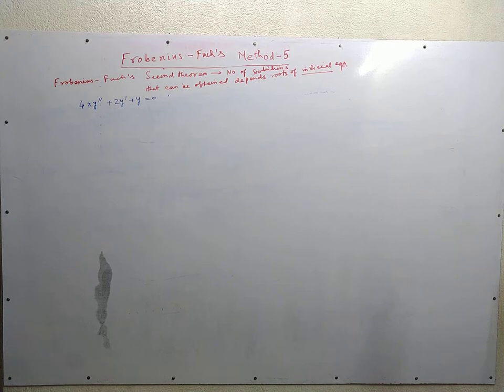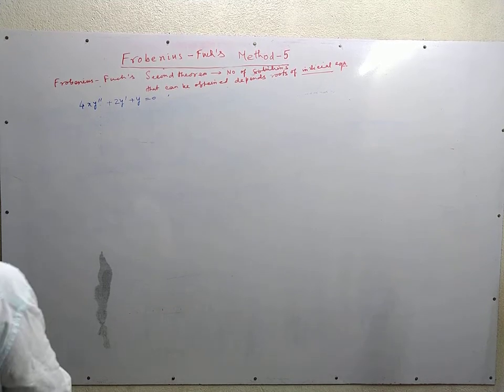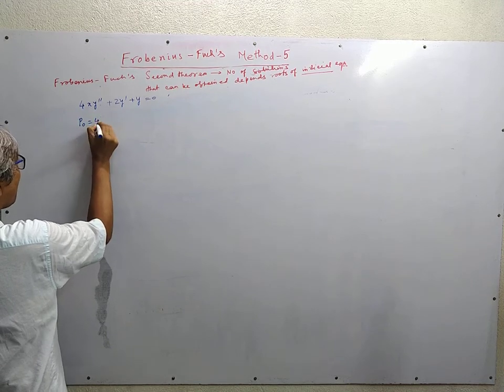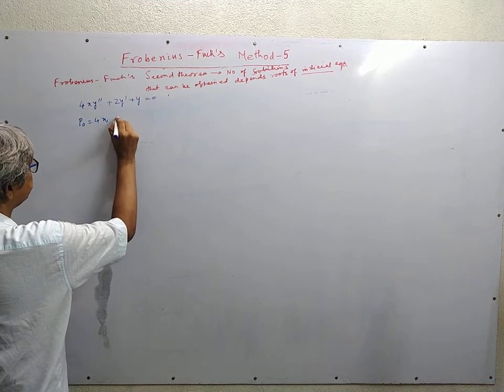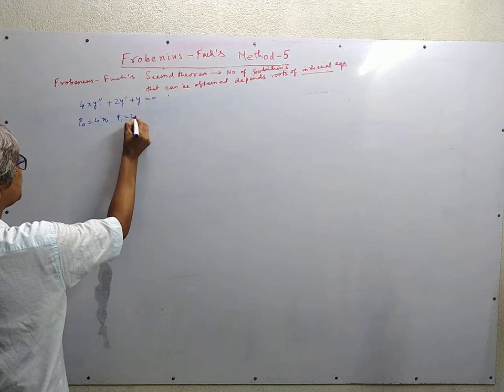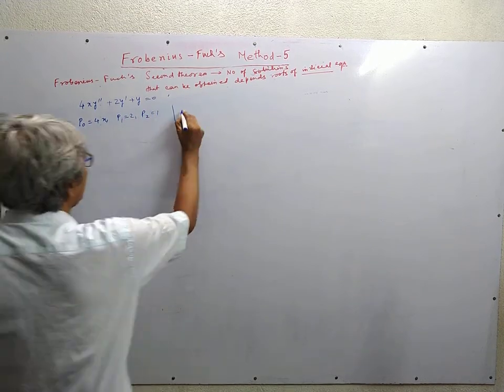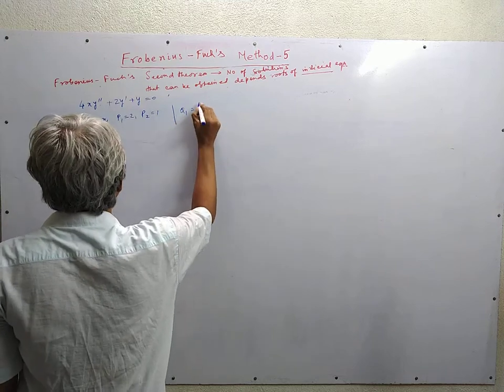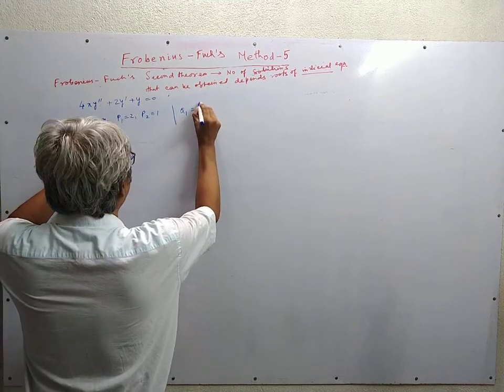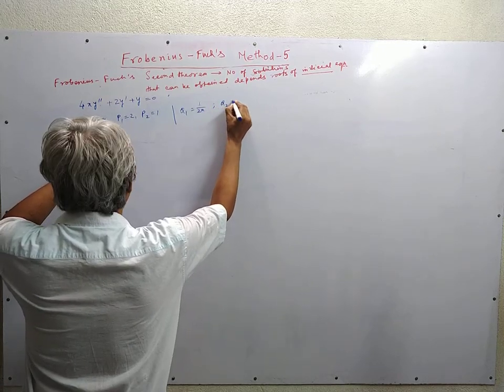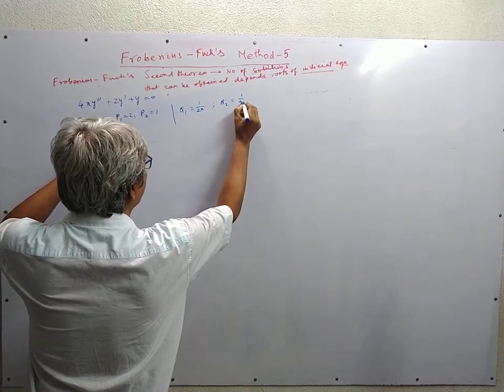P0 is 4x, P1 is 2, P2 is equal to 1. In terms of Q, Q1 is 1 upon 2x and Q2 is 1 upon 4x.